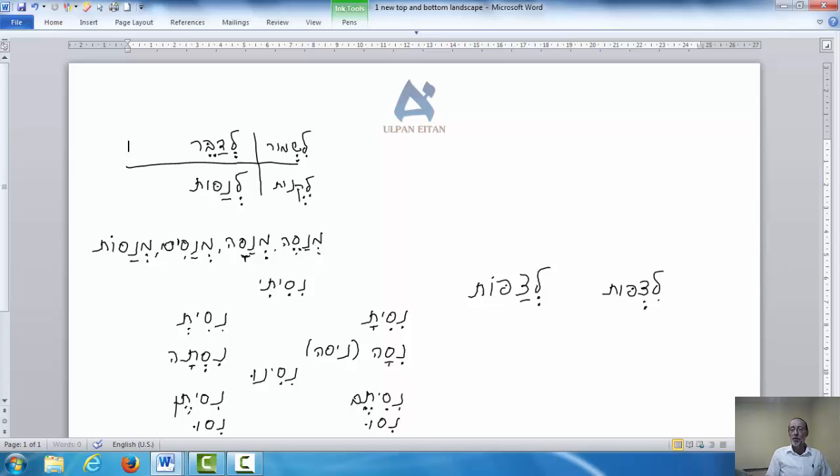Two different words, two different meanings, sharing the same root. Litzapot, our newest pattern, four forms of the present tense. Mitzapeh, mitzapah, mitzapim, mitzapot, past tense in its entirety. Tzipiti, tzipita, tzipit, tzipa, tzipta, tzipinu, tzipitem, tzipiten, tzipu, tzipu.